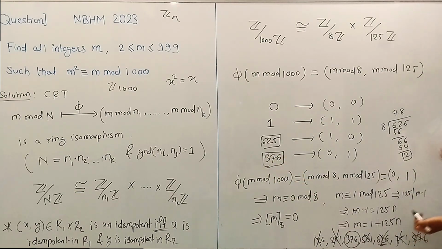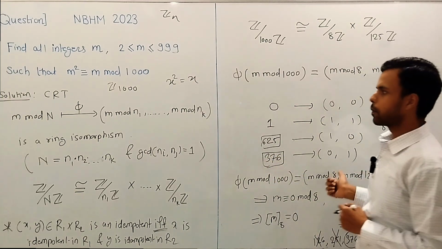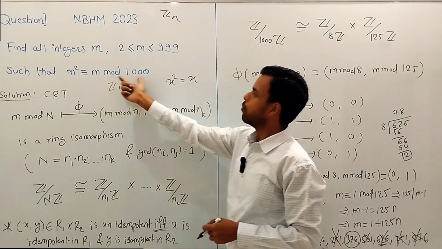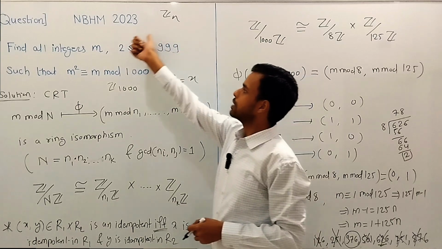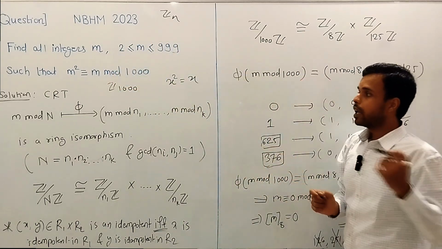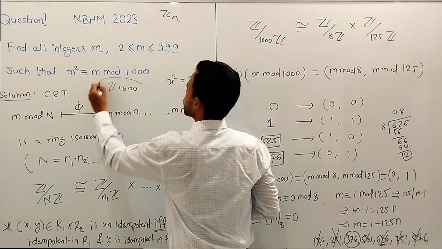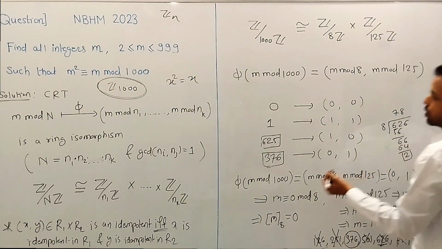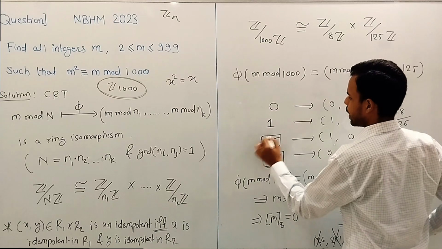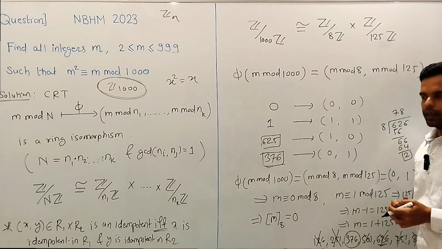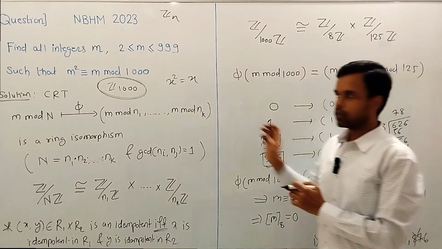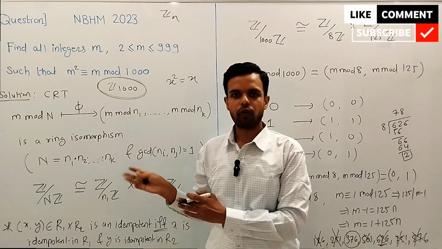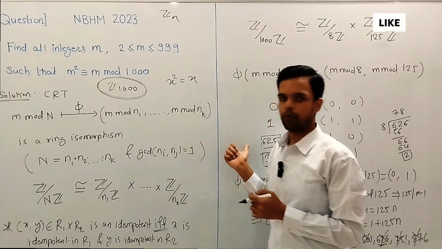So the values of m which satisfy this condition, that is m squared congruent to m modulo 1000, and which lie in this range, that is, the non-trivial idempotent elements in this ring Z1000, are 376 and 625. So we have solved this question in two ways: first by the basic number theory approach, and second by the ring theory approach.